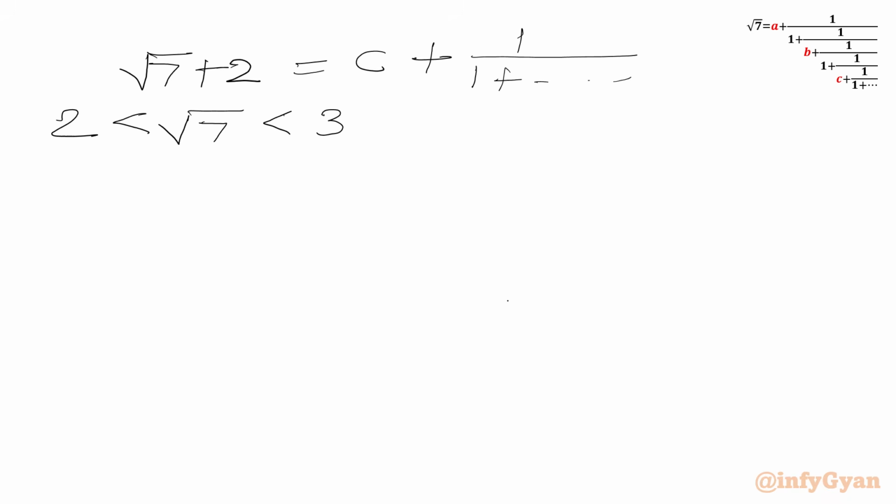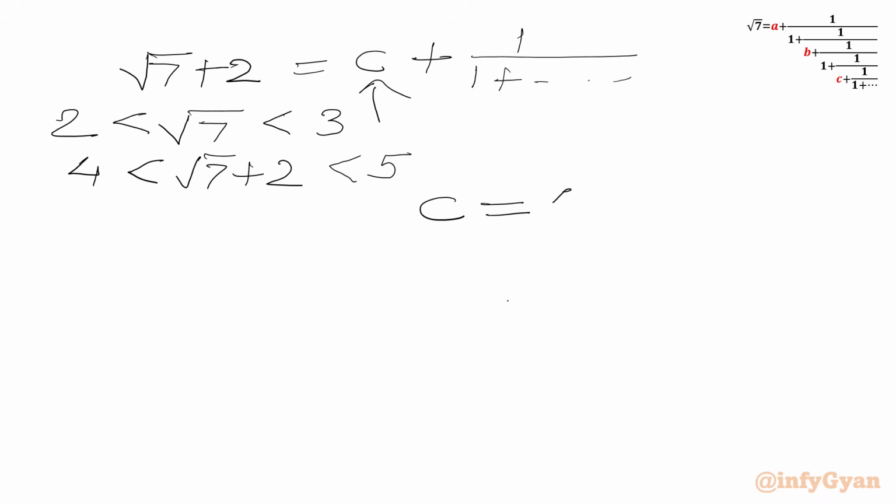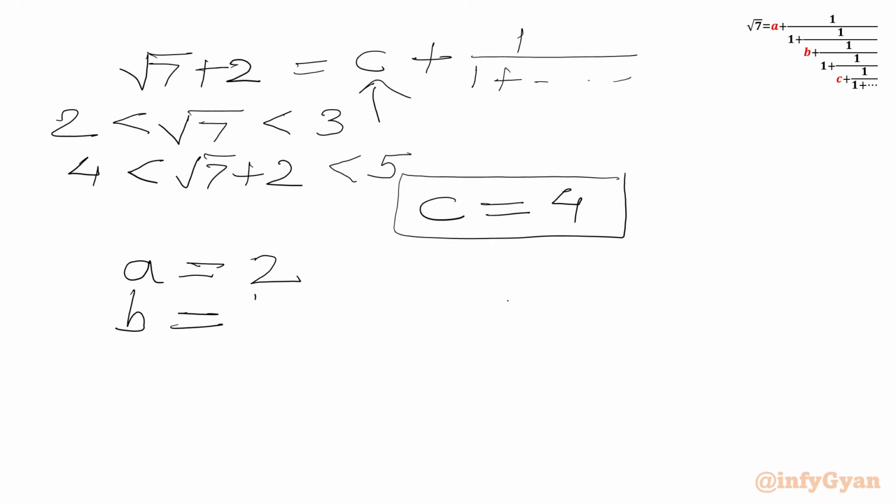We'll add 2 to our inequality. So we will write 4 < root 7 plus 2 < 5. 3 plus 2 is 5. So left hand side is a number which is greater than 4 and less than 5. So c is clear. c must be equal to 4. So we have a equal to 2, b equal to 1 and c equal to 4.